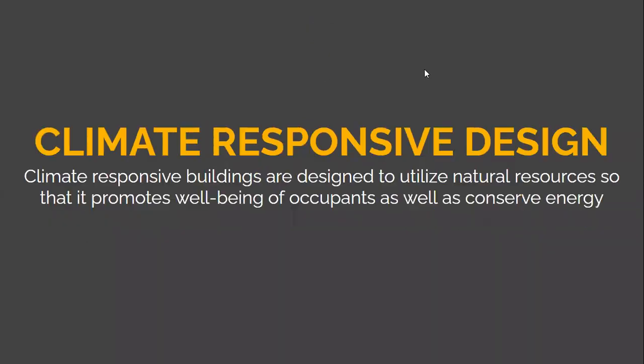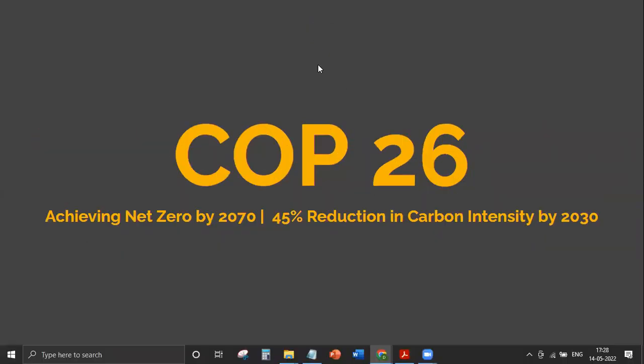And you must have also observed in different seminars that buildings play a very, very important role in this, because they consume a lot of energy. So it's important that we, as designers, architects, electrical consultants, HVAC consultants, look into optimizing our buildings to help India achieve the commitment at COP26.